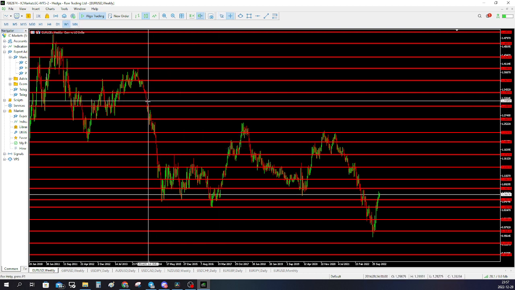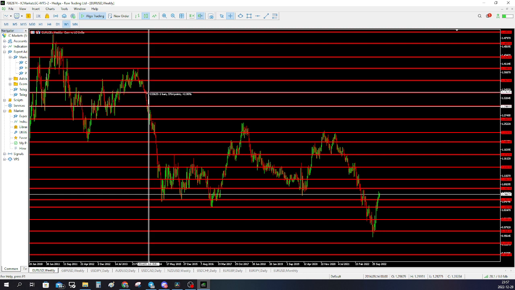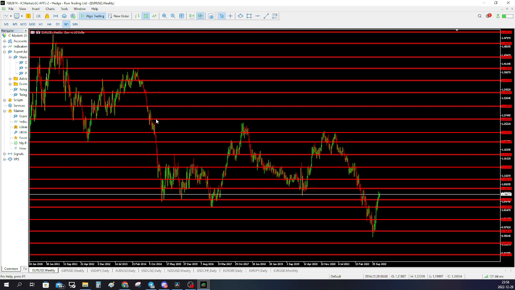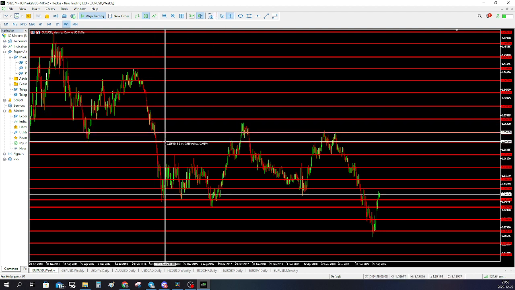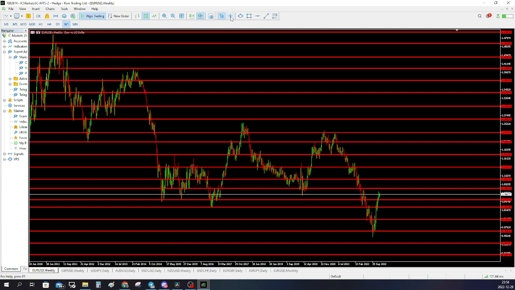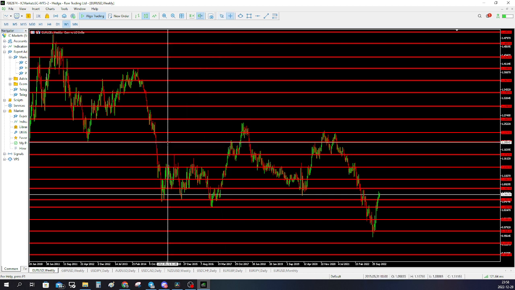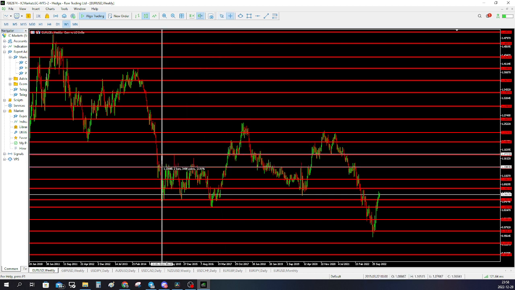So let's say this area is 400, this area is 333, so maybe that's not the best example, but then a smaller one is 240 pips, and this one is 320 pips, and then 340. So it creates about 300 pips in between these zones.